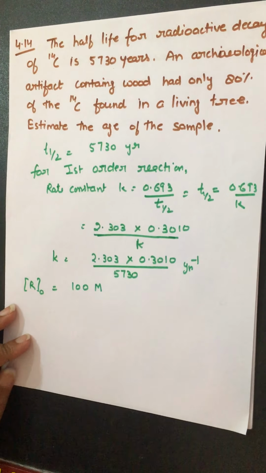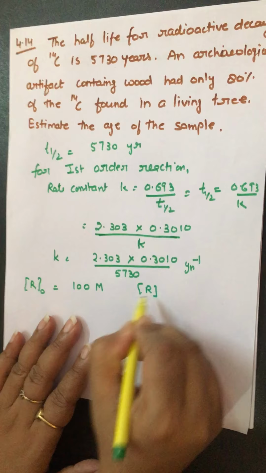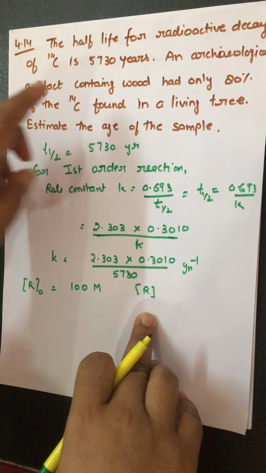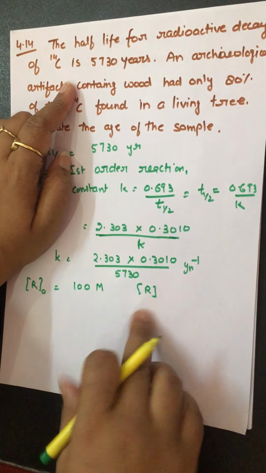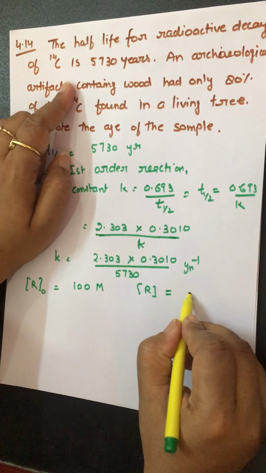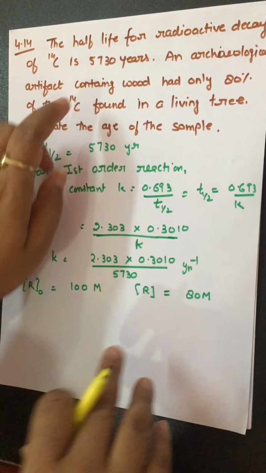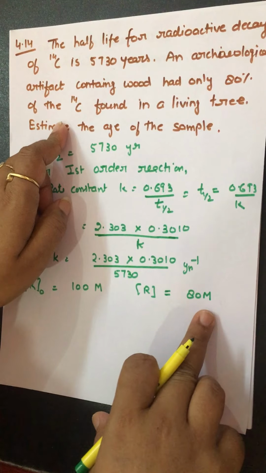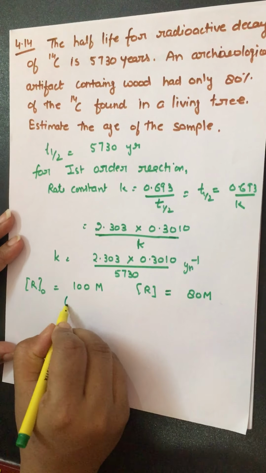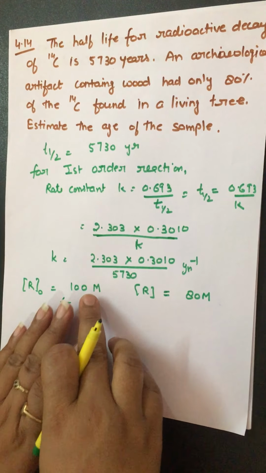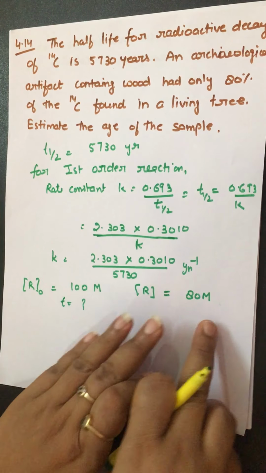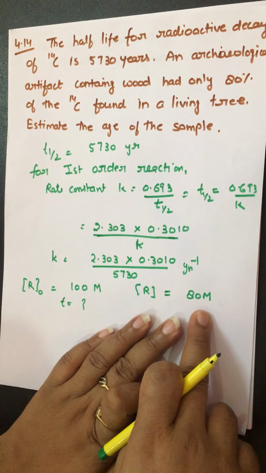Let's suppose it is 100 molar. So what is the concentration remained after time t? This is the concentration remained is 80 molar. And I have to calculate time in which initial concentration remained 80% only.